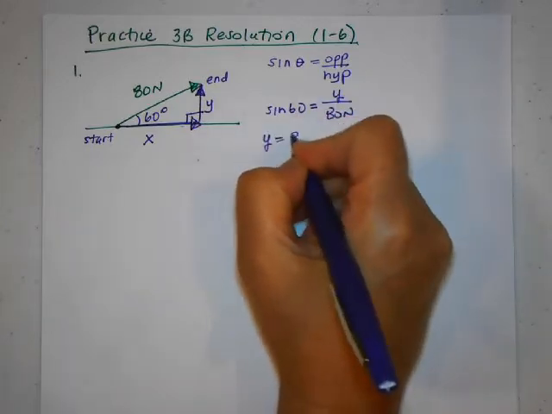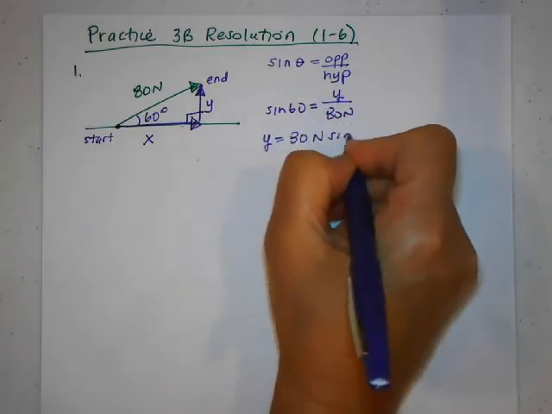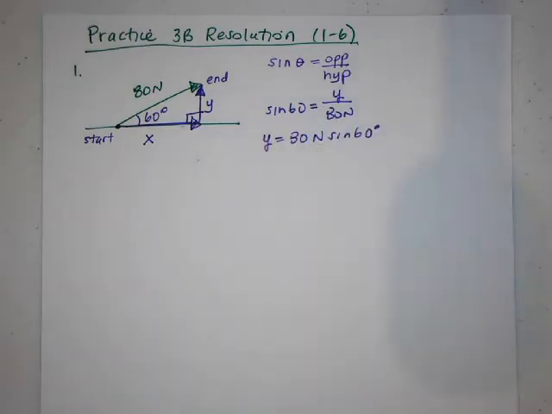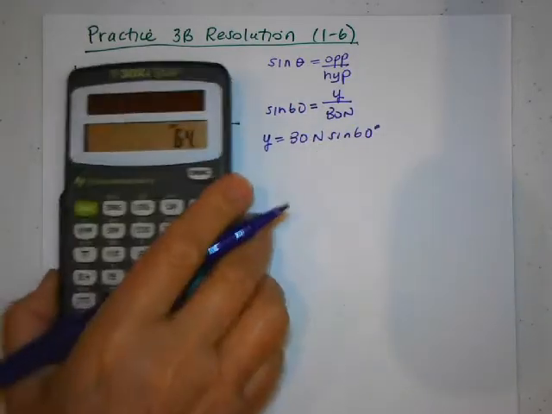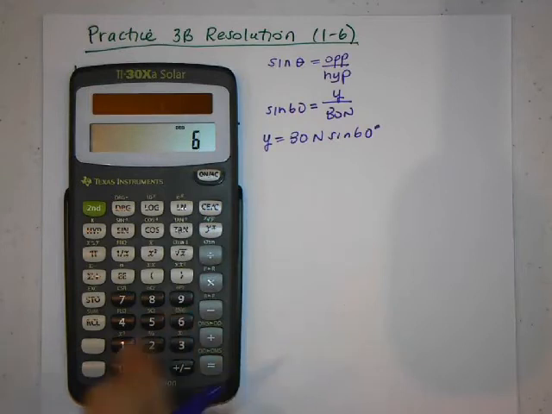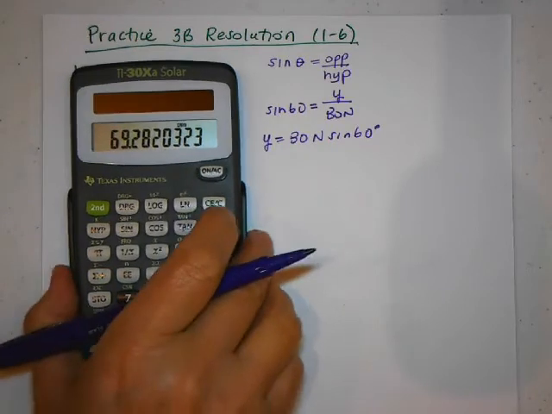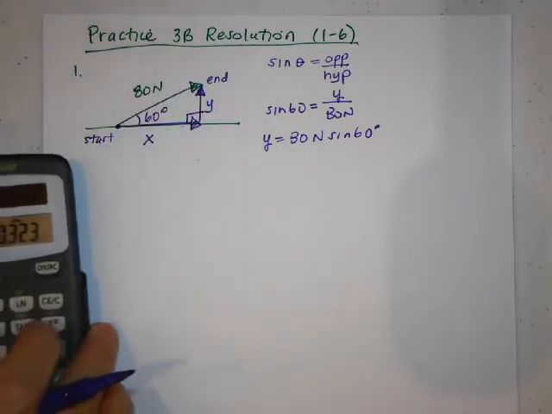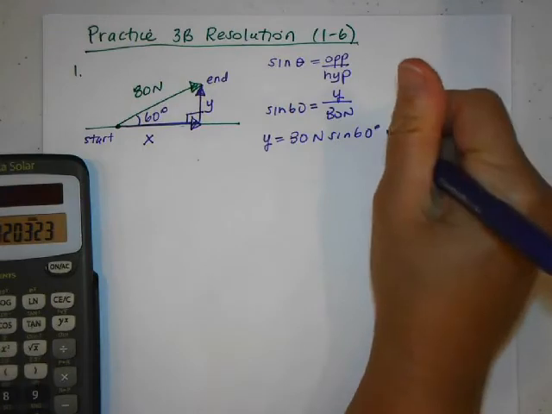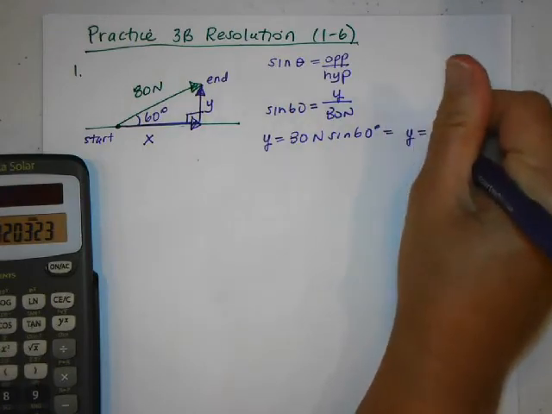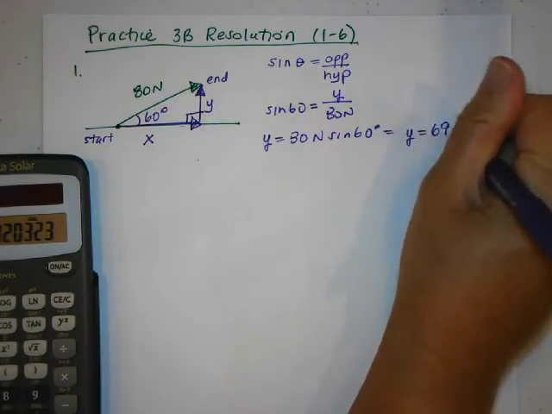Therefore, y is equal to 80 newtons times the sine of 60 degrees. On my calculator, I'm going to press 60 sine times 80 equals, so it comes out to be 69.28. So I'm just going to say that y is equal to 69 newtons.